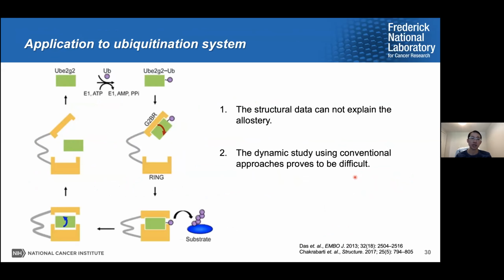So the second application is the system I think Andy already mentioned. He wants to study this E2, a ubiquitin conjugating enzyme, which plays a very important role in ubiquitination.